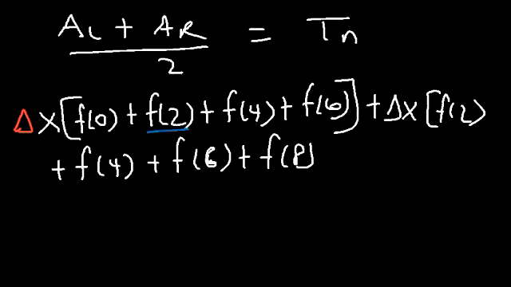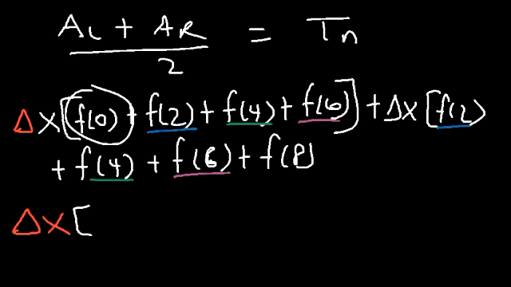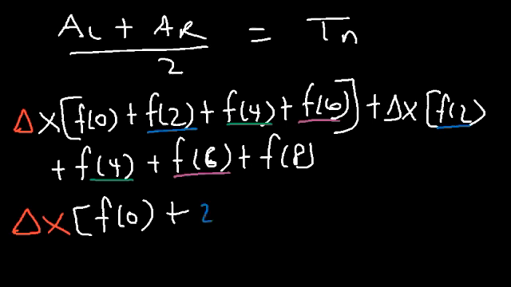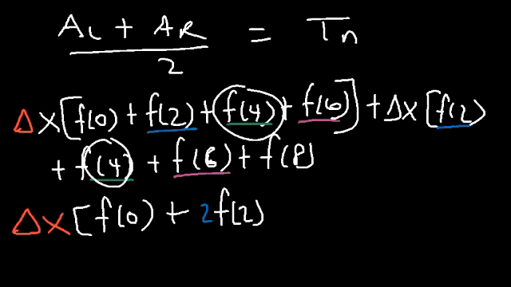So notice that we have 2 f of 2's, 2 f of 4's, and 2 f of 6. So therefore, if we combine like terms, it's going to be delta x times, there's only one f of 0, there's 2 f of 2's, so it's 2 times f of 2. There's 2 f of 4's.